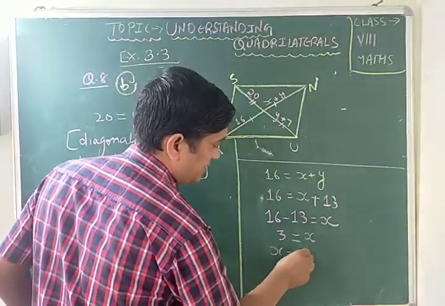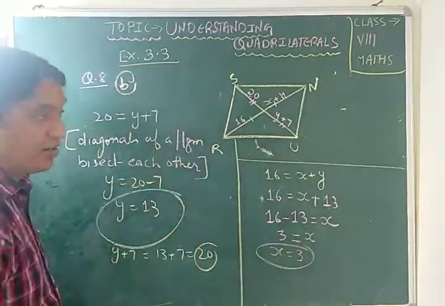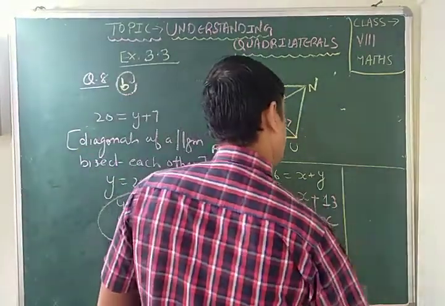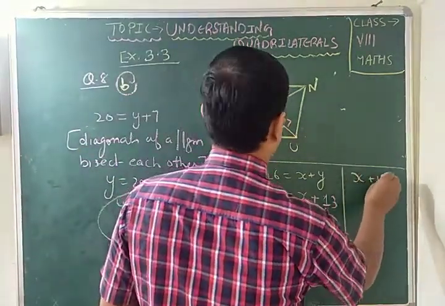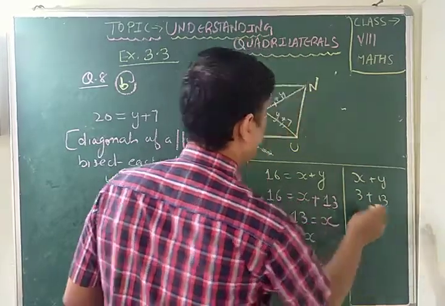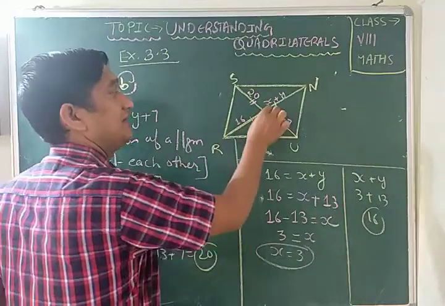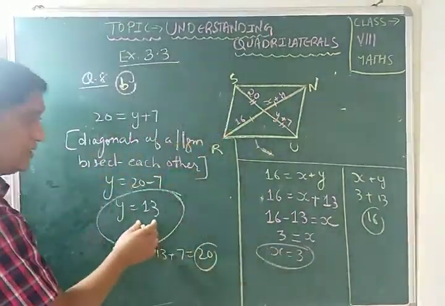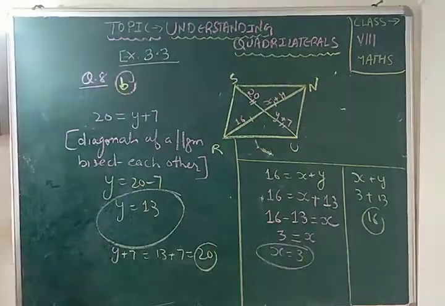X is equal to 3. Now you may check also. X plus y, 3 plus 13, this is 16. Now this is also 16, and this comes 16 after substituting the value of x and the value of y.